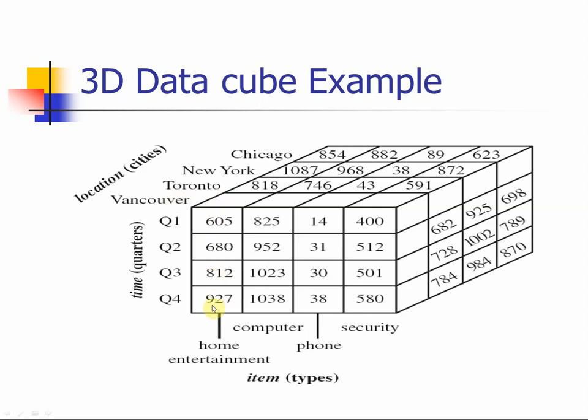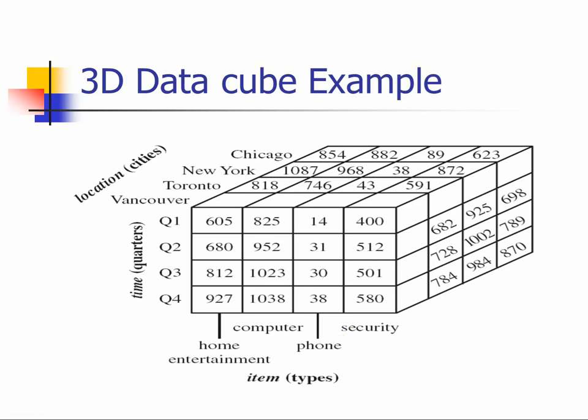So you can see this is a three-dimensional data cube that puts sales information in terms of three different ideas, including locations, which can be subdivided into Vancouver, Toronto, New York, and Chicago. Time can be separated into Q1 through Q4, and the items can have multiple types that we store inside the data cube.